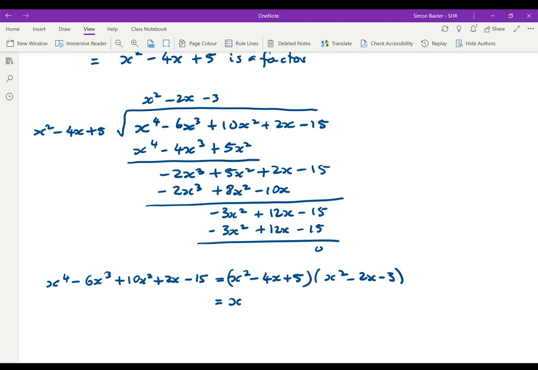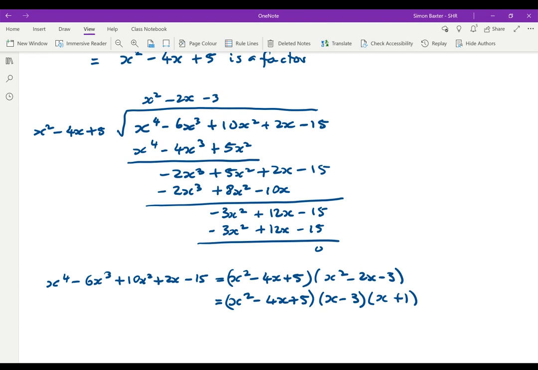We can't break x squared minus 4x plus 5 up any further just using real numbers as coefficients. And the other is x minus 3, x plus 1. So that is the factorization of that expression, just using real numbers as coefficients.